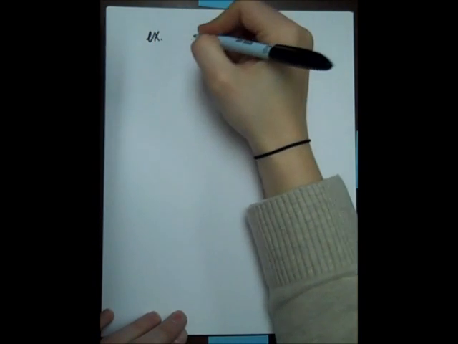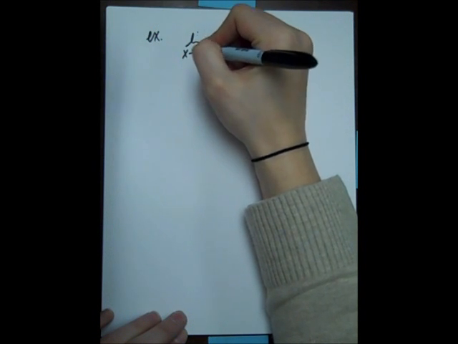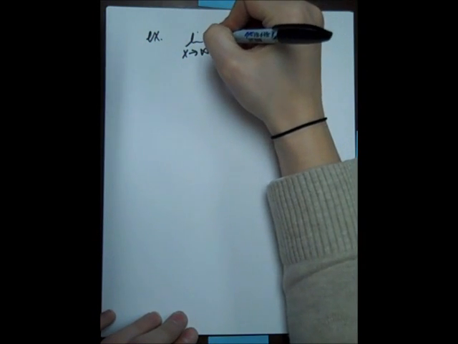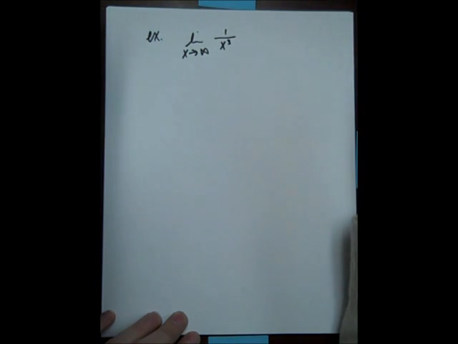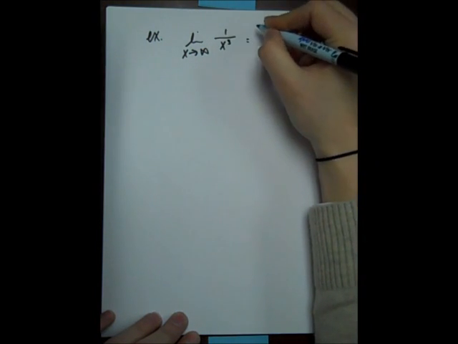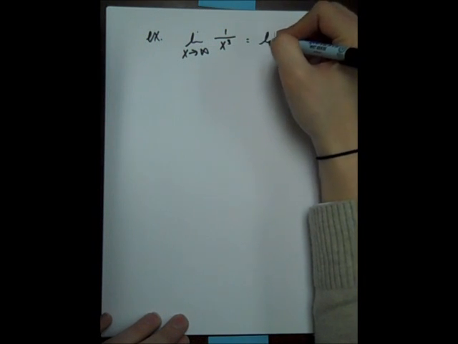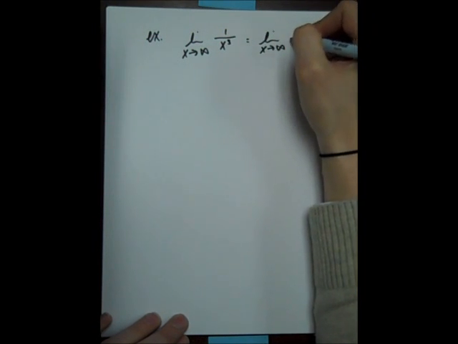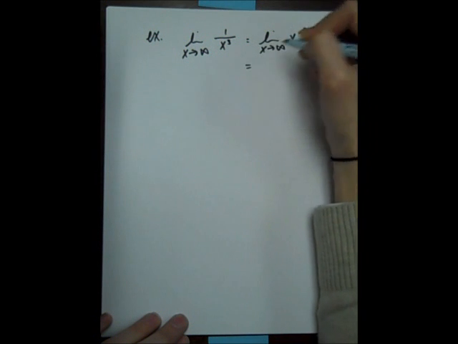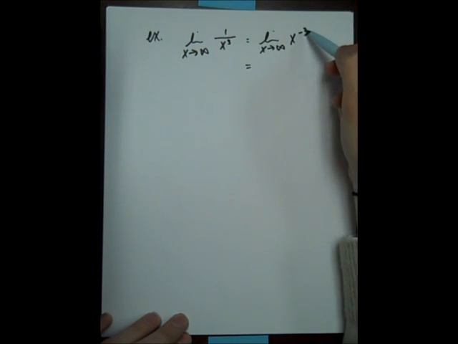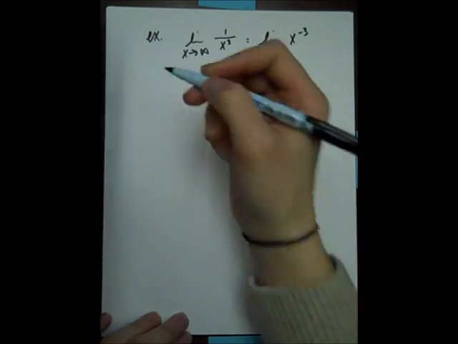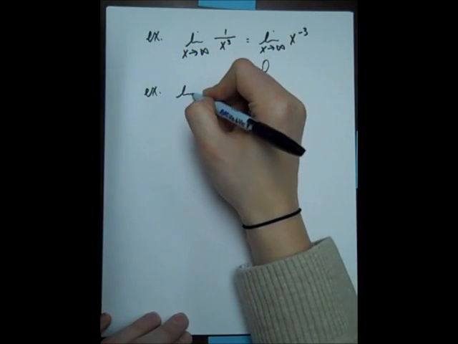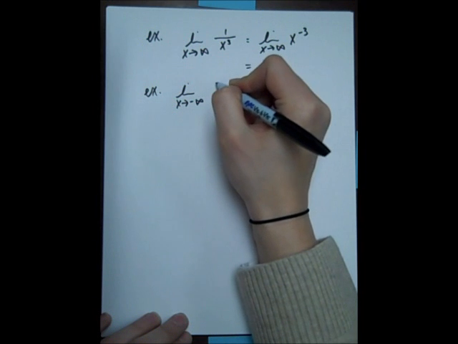So let's do a couple examples of that. What's the limit as x approaches infinity of 1 over x to the third? Well, 1 over x to the third is really x to the negative 3. So here I have x to a negative power where I'm approaching infinity, so this has to be 0. What about the same problem where x is approaching negative infinity?